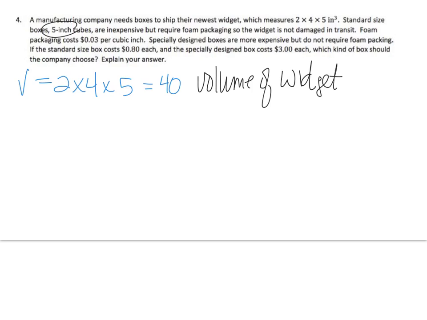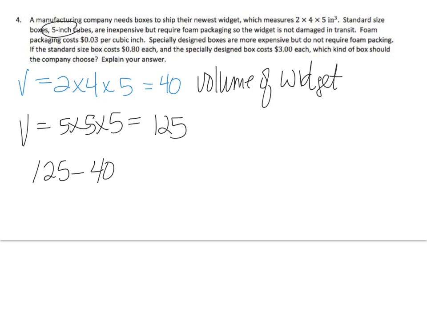The box is 5 times 5 times 5, a bit large, 125 inches cubed. So 125 minus 40 is 85. And that's how much packing material I would need, 85 inches cubed.